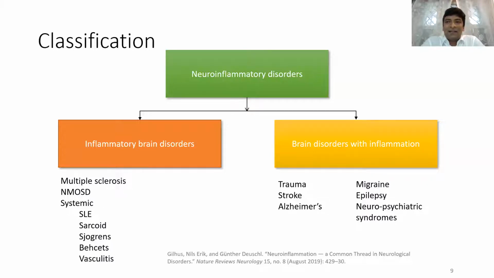It's this broad understanding that inflammation is a part of many other disorders, which gives us this leaning towards using anti-inflammatory drugs quite often. This is very important to understand when we're talking about inflammation and the brain. But today, for the sake of limited time, we will deal mainly with inflammatory disorders and not the secondary inflammatory disorders on the right side of the screen here.